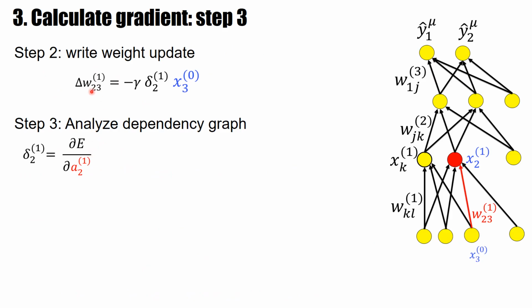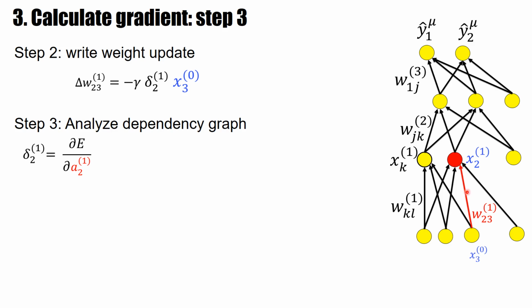So from step 2 we have this nice summary that the weight update depends on a product of delta and x. Let's look at this specific weight. This is a weight in layer 1. This is the weight which connects the input neuron 3 with neuron number 2 in layer 1. Suppose we change this weight a little bit.